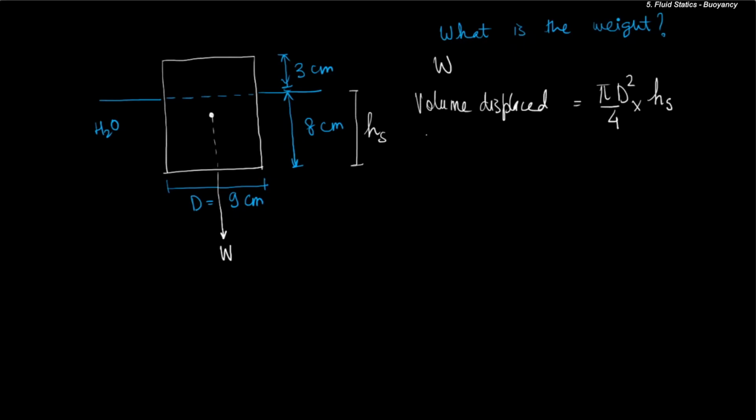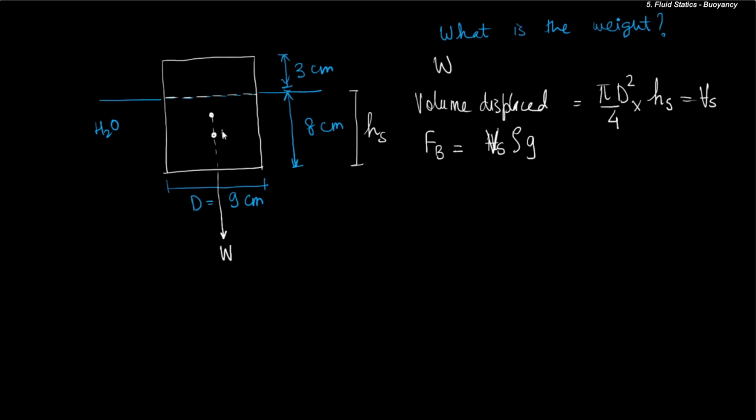Now the force due to buoyancy is going to be the volume submerged, let's call it Vs, times rho of the liquid times g. And it acts at the centroid of this submerged volume, which is going to be somewhere over here.